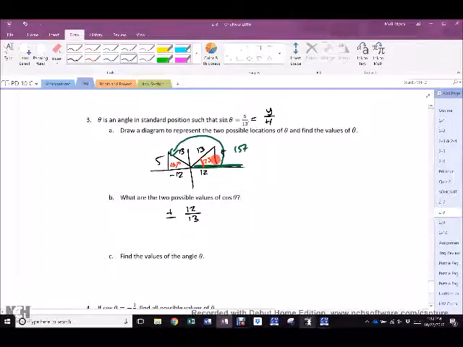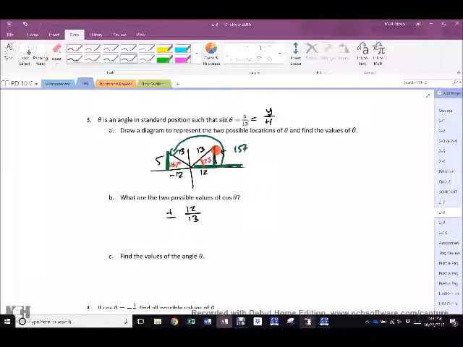Y will form the other trigonometric ratios of theta. Right? Y will be part of tan and sine. Is y going to be part of cos? Not at all. We had to find the cos.